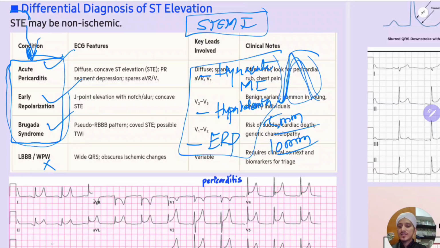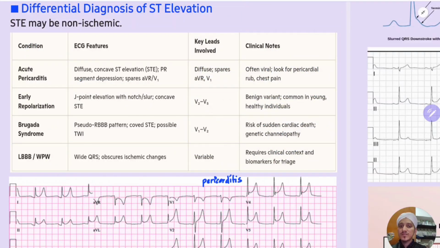Now we will discuss how you will differentiate between these. So in acute pericarditis, this is important. Diffuse, concave ST segment elevation will be there, and PR segment depression. Remember the words: it should be diffuse, it should be concave, and the rest should be ST segment elevation.